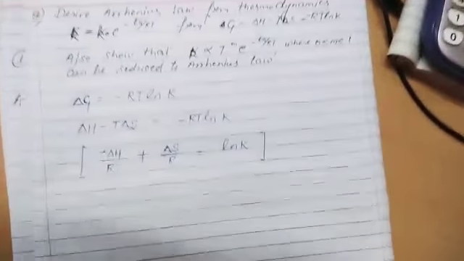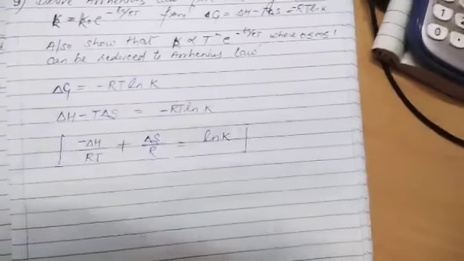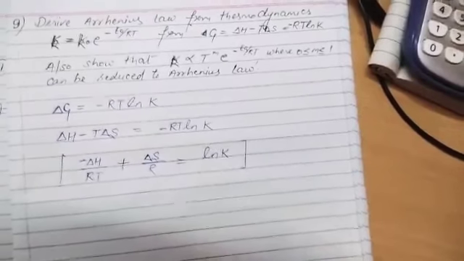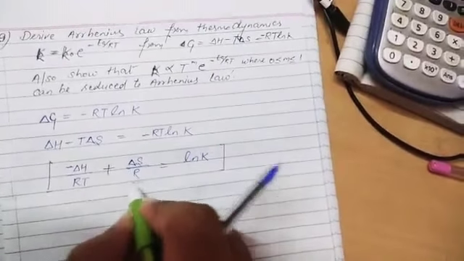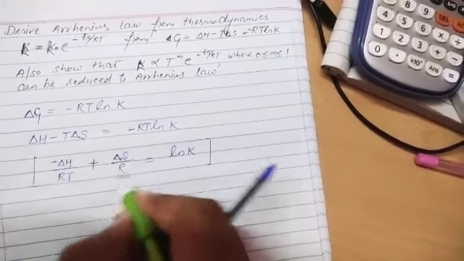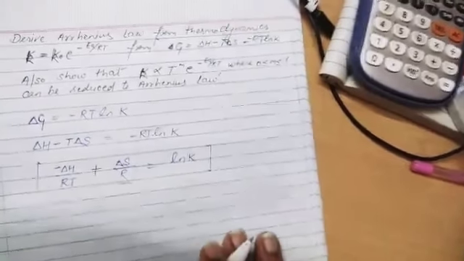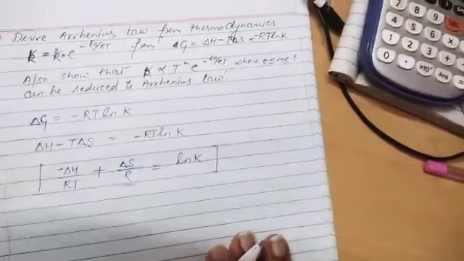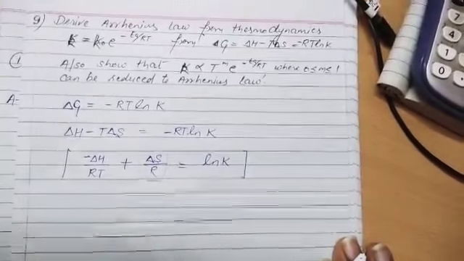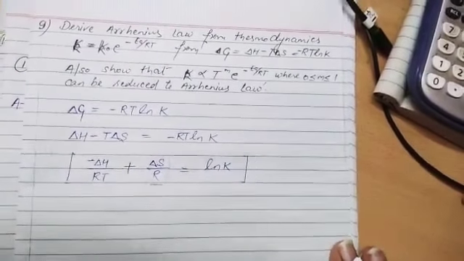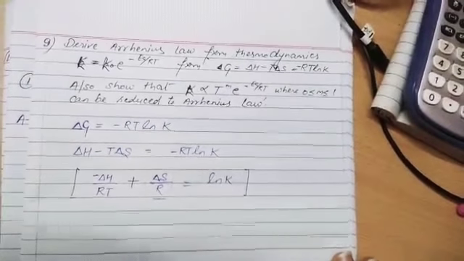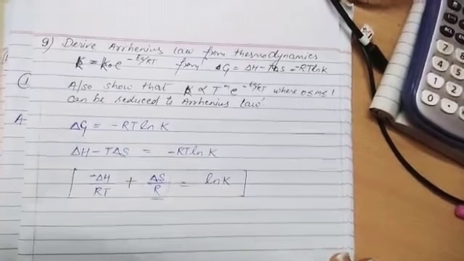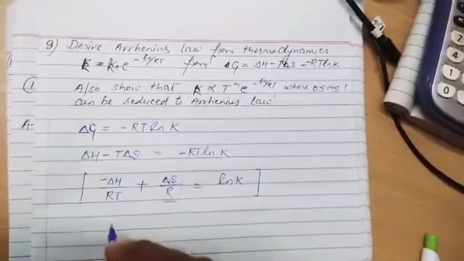Now what we will do is differentiate this equation with respect to T. While differentiating, you have to note that this whole term delta S by R will become 0, because we know that delta S is a function of T, but when we divide it by R, the gas constant, it no longer remains a function of T. So differentiating a constant with respect to T gives 0.